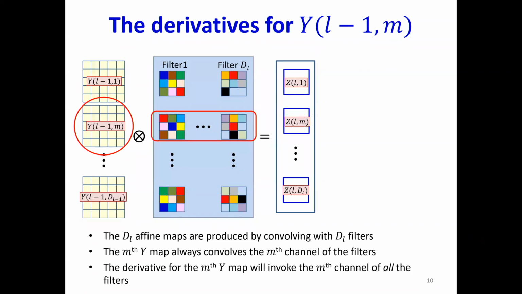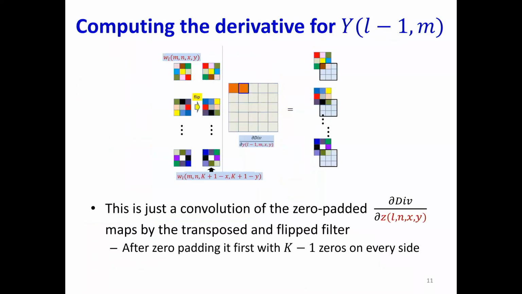So to compute the derivatives of the mth input channel, you're going to pull out the mth channel of all of the filters. And you can think of them as your new filter. Then each filter channel is going to be flipped left to right, top to bottom. So you're basically transposing the entire operation. If you think of the entire block of filters as a giant tensor, you're transposing the entire filter. That's one way to think about it, right?